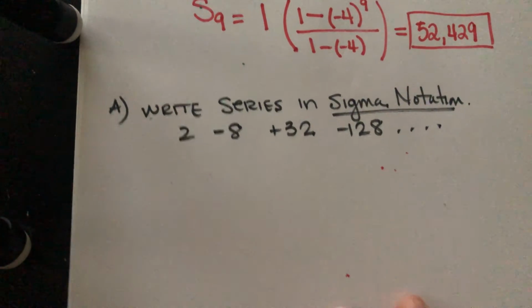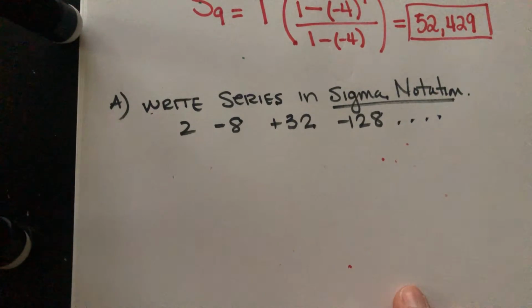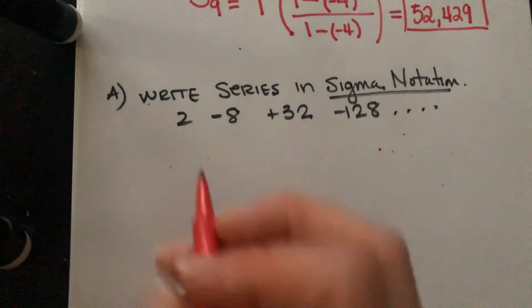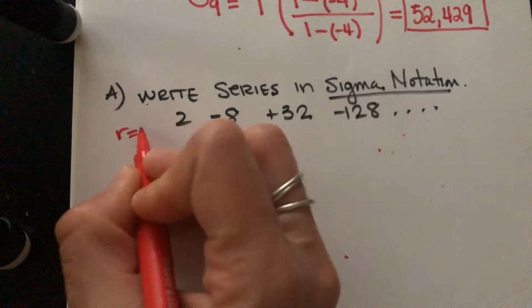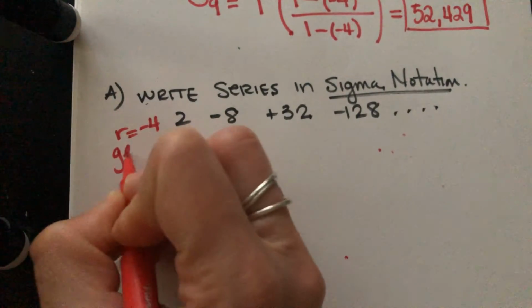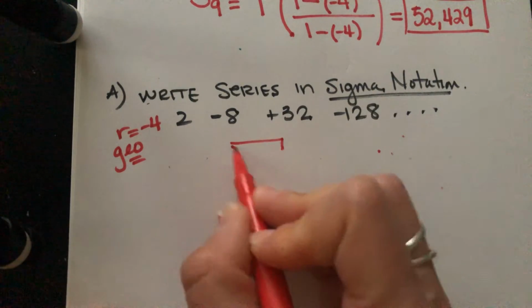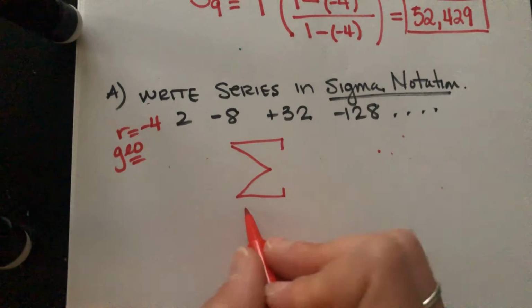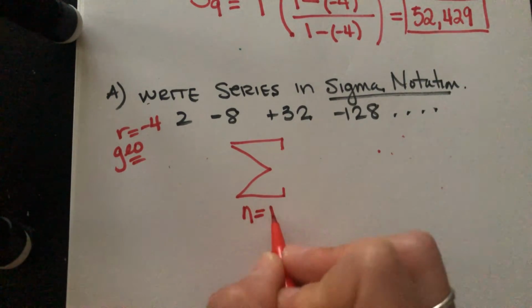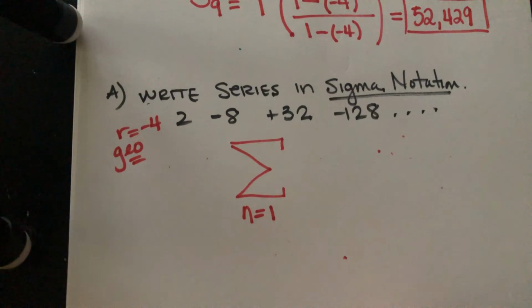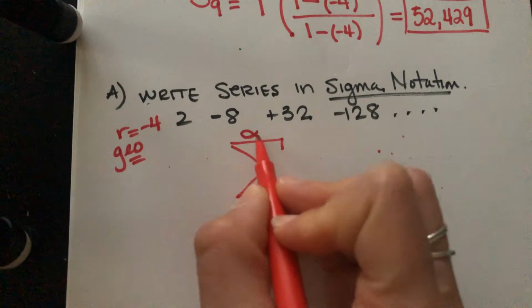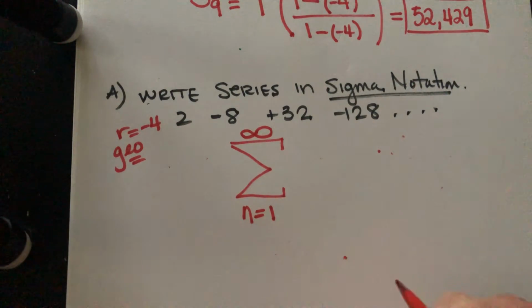Okay, so if you look at this series, again, you have to decide arithmetic or geometric. You should realize you're constantly being multiplied by -4, so please make note it's geometric. So you're writing, so that means you're going to start with n equals 1. You can use any letter you want. And because we're doing dot dot, I didn't tell you how much I want, up top, infinity. Then you want your rule.